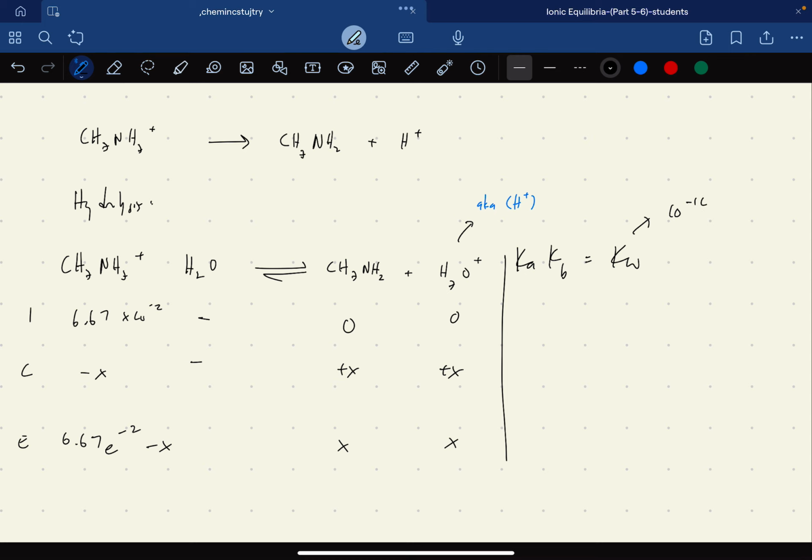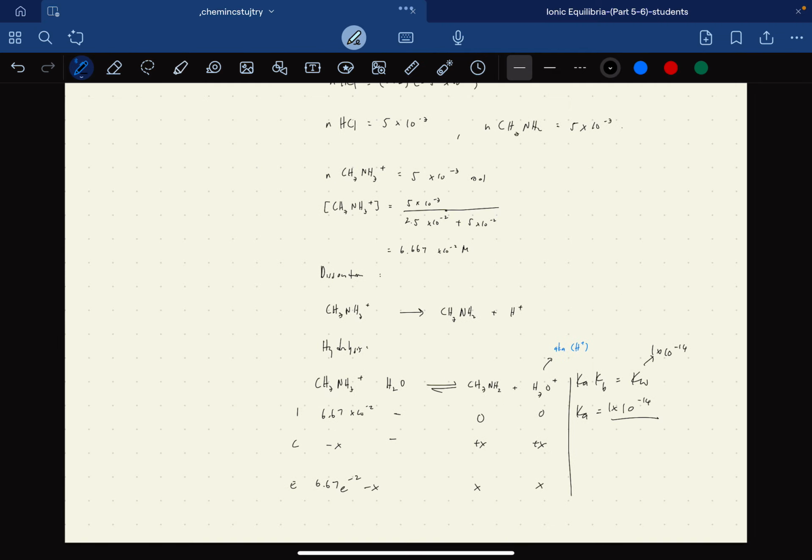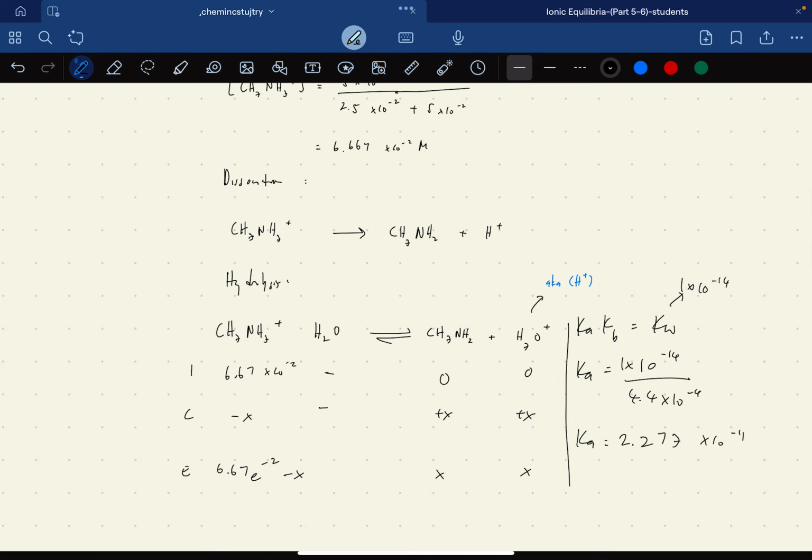Kw is 10 to the power negative 14, so Ka equals 1 times 10 to the power negative 14 over Kb. The question gives Kb as 4.4 times 10 to the power of negative 4. So Ka equals, on the calculator, 10 to the power negative 14 over 4.4 times 10 to the power negative 4. So we get 2.273.